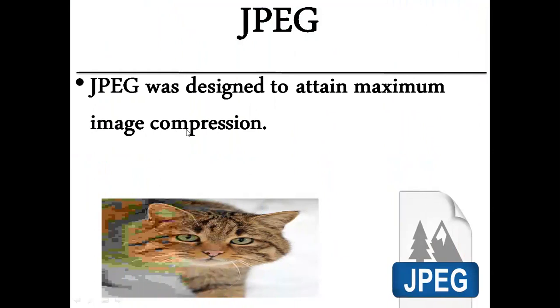I said what is compression? Compression is a technique used to reduce the size of the file. Look at the image given at the bottom of your screen. Here, when compression is applied over the JPEG image, on the left side, there is some loss of quality of the image.